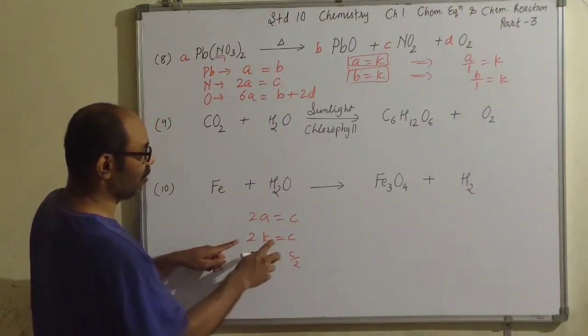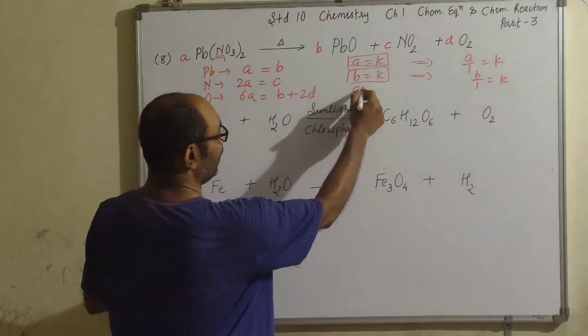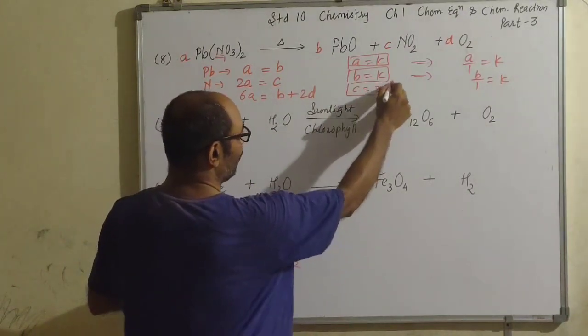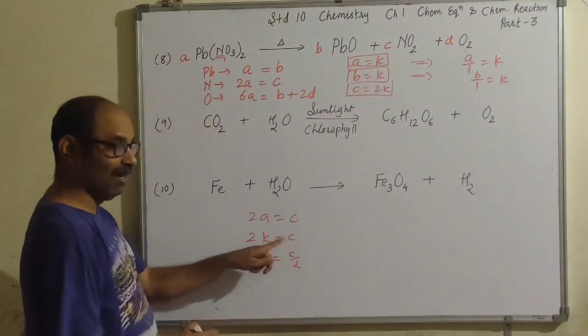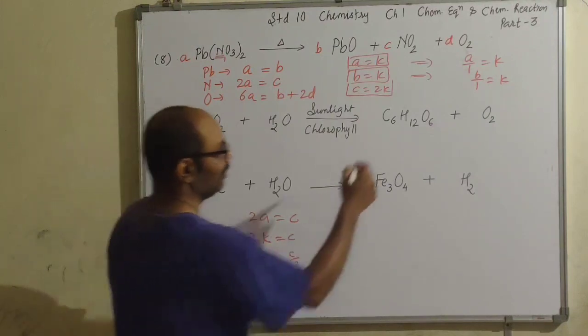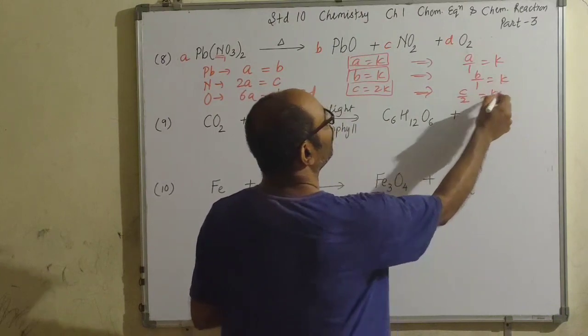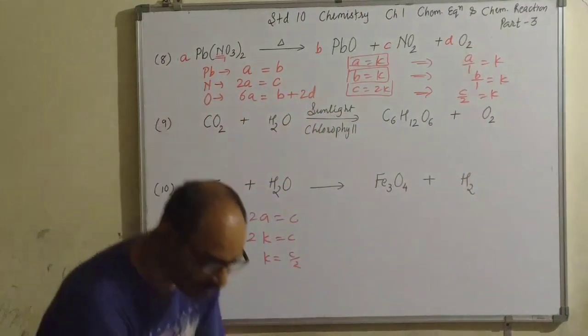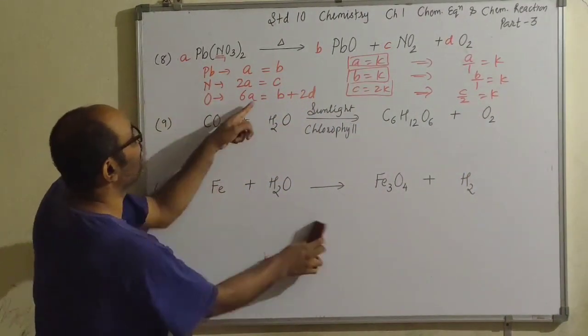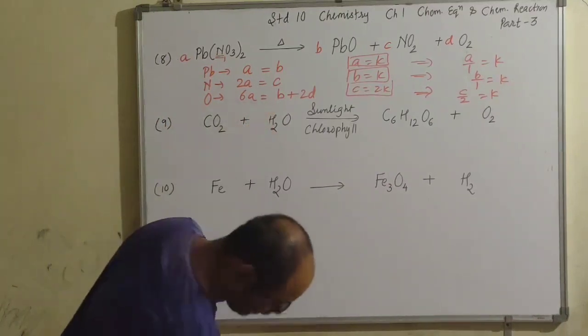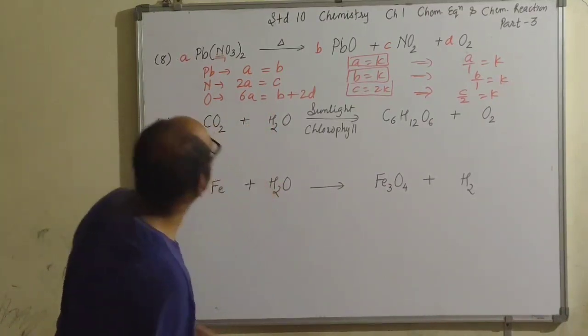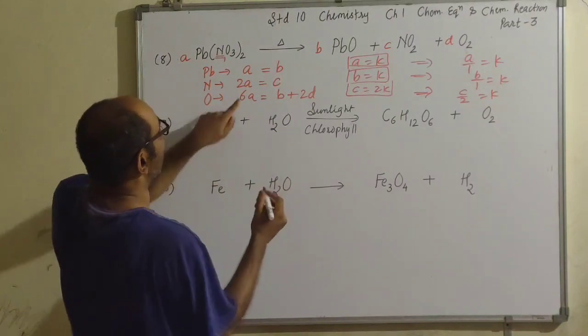So here is the equation actually. C is equal to 2K. That is the value of C. C is equal to 2K. But if you write C upon 2 is equal to K, still we have to find D. So that last equation will use, okay, 6A.